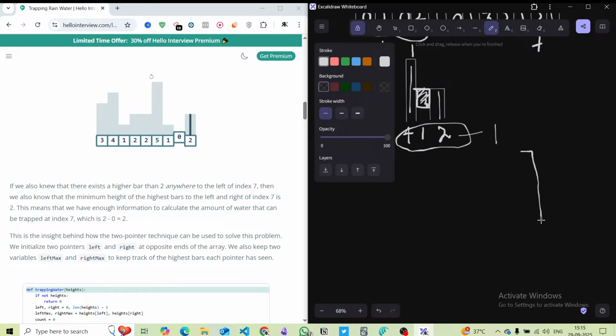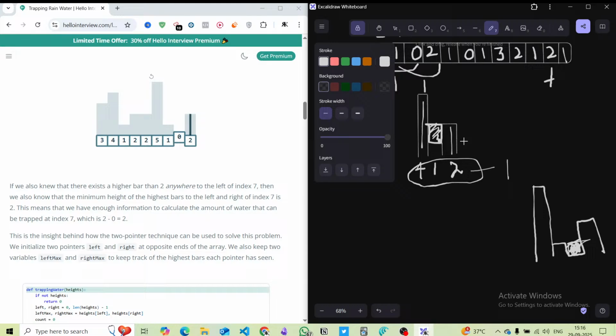Here they have 5, then bar 1, then 0, and then bar 2. To calculate the water level in this particular area, in the previous example we saw that we just take the left and right bars and subtract the current bar. That gave us the water that can be stored inside that particular index.